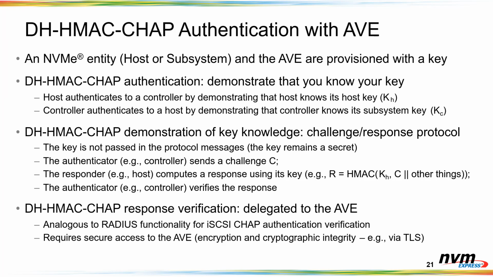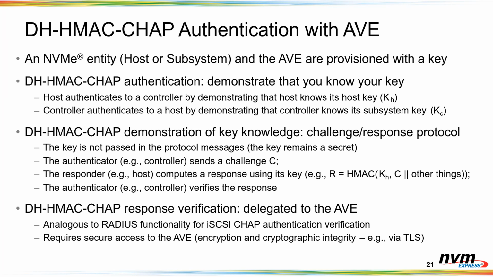The only thing that becomes different is how you verify the response, which is not anymore computed locally by an authenticator, but is delegated to the AVE. This is analogous to the RADIUS functionality that has been defined for iSCSI CHAP authentication verification. And of course, as I said, it requires a secure access to the AVE, providing confidentiality and cryptographic integrity. TLS is a perfect protocol to obtain this result.